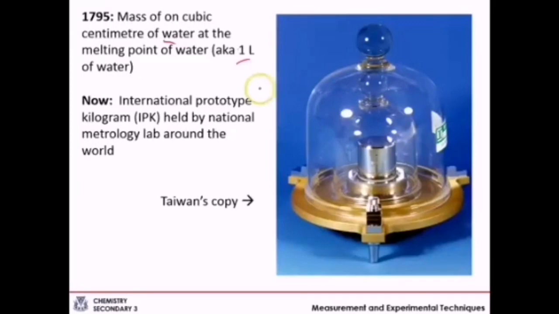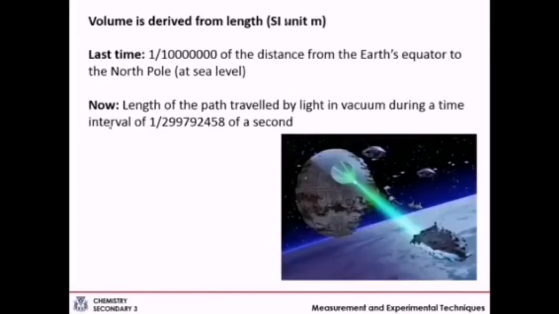So that is the base. Mass of 1 cubic centimeter of water at the melting point of water was the old base. But now the international prototype kilogram held by the international metrology lab around the world is the basic unit that we use right now for measuring mass. Metrology means the science of measurement.